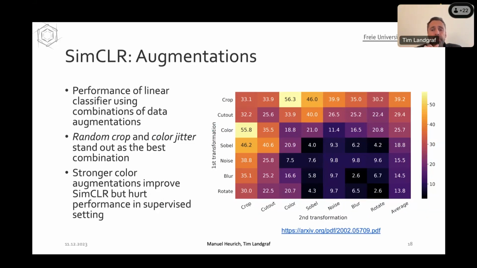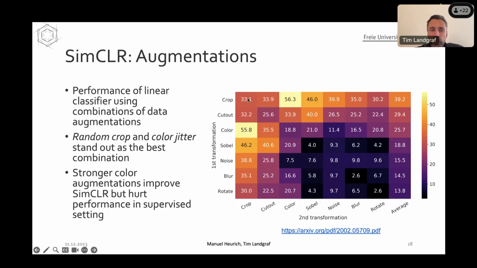And here they played around with combinations of two augmentations, the first transformation and the second, and them being cropping, cutout, color, sobel, noise, blur, and rotate. I think they're self-explanatory here.